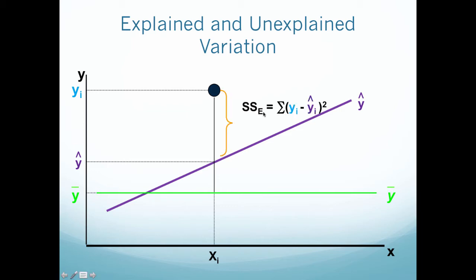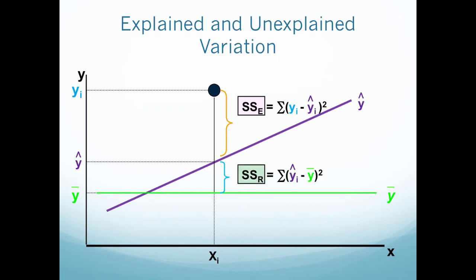So then this up here, the distance from my point to my predicted line, is my SSE, or my error sum of squares. SSE is the difference between my observed value and my predicted value that lies on my line, all quantity squared.